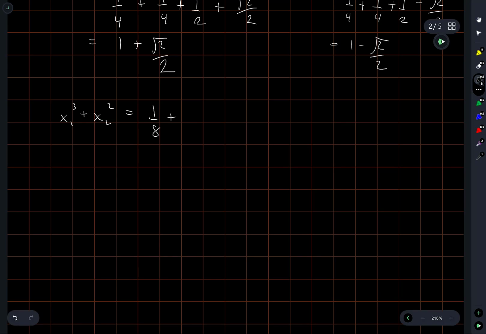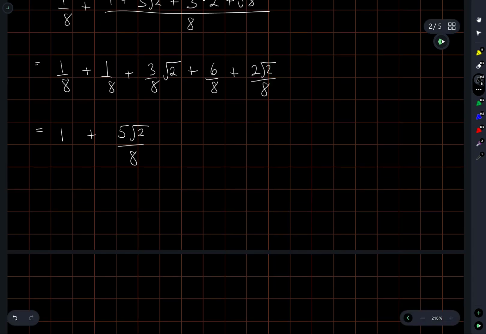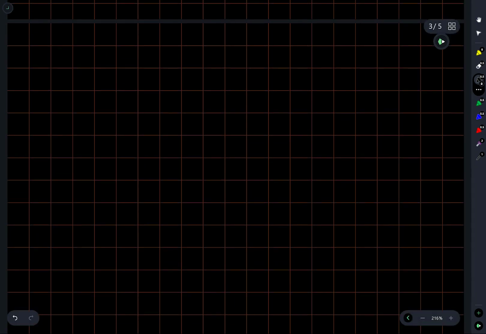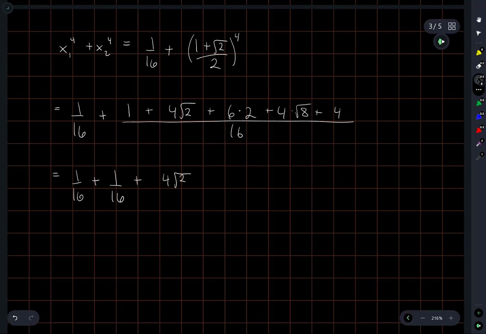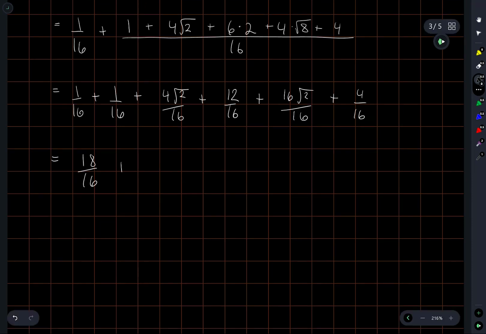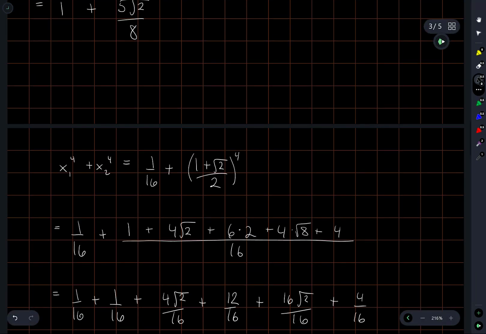1 over 8 plus so that's the sum of the cubes when we take the positive sign. Let's do the sum of the fourth powers. Okay, now let's compare.